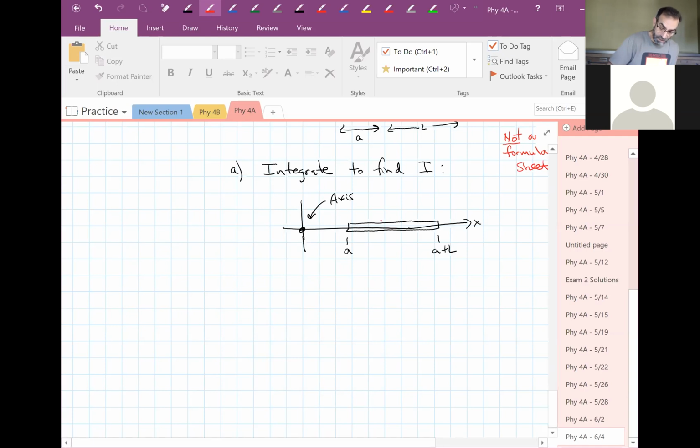Did you pick some little arbitrary chunk of it? Call that dm. If you do that, then this distance is dx, and this distance is x, because I picked my origin to be my axis of rotation.